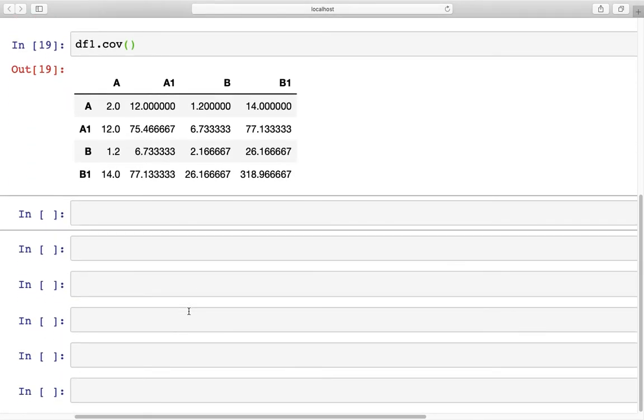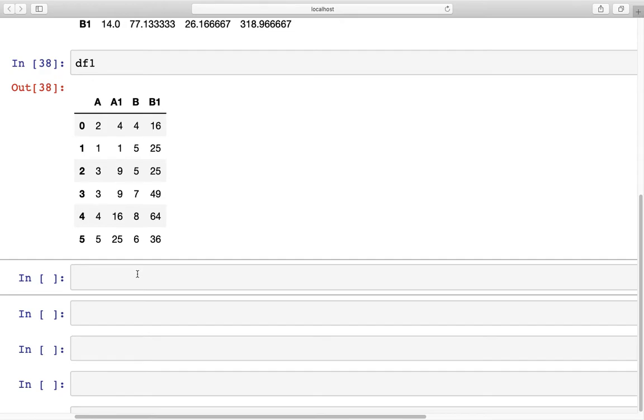Next, moving on, let's look at additional things we can do with the covariance, how we can handle NA values in this particular method. So for the data frame that we have, which is df1, we'll go ahead and create some NaN values, and let's use iloc.